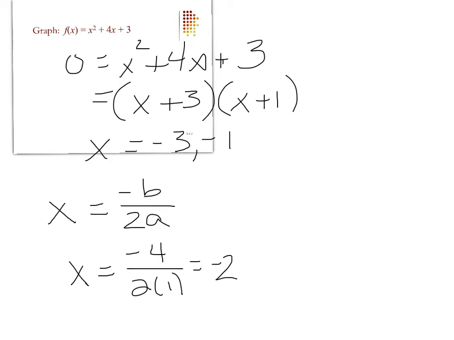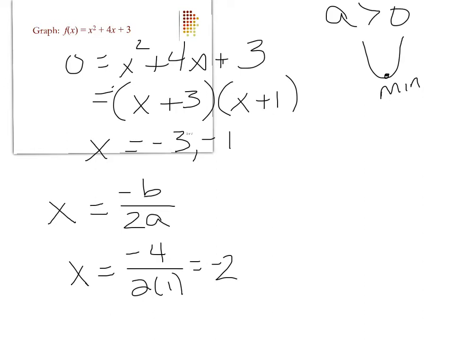So at -2, we are going to have a max or min. Because the a is positive, it will open up. So a is greater than 0, so we have something that opens up. So this is your min. So therefore, it happens at -2.